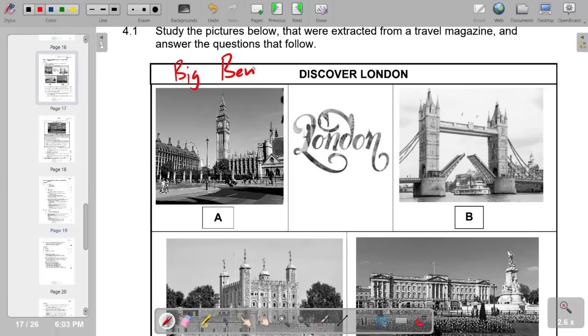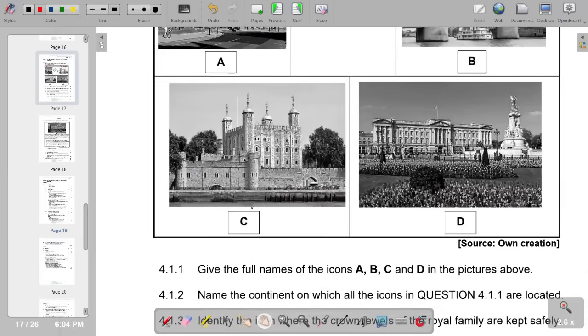Then you go to B. B is the Tower Bridge. Then we go to the next one, our C. And the C is the Tower of London.